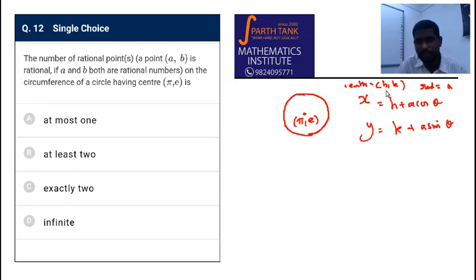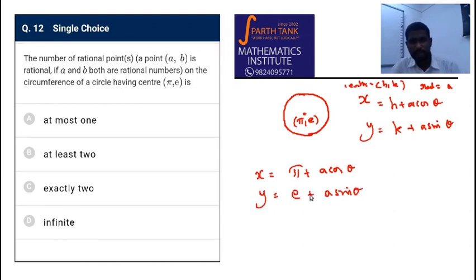When the center is (h, k), it is h + a cos theta, k + a sin theta. Now in our particular case, x is pi + a cos theta and y will be e + a sin theta. So you see that even if I have a radius which is rational, this is going to be an irrational number. Pi plus something is going to be irrational. E plus something is also irrational because both are highly irrational numbers.